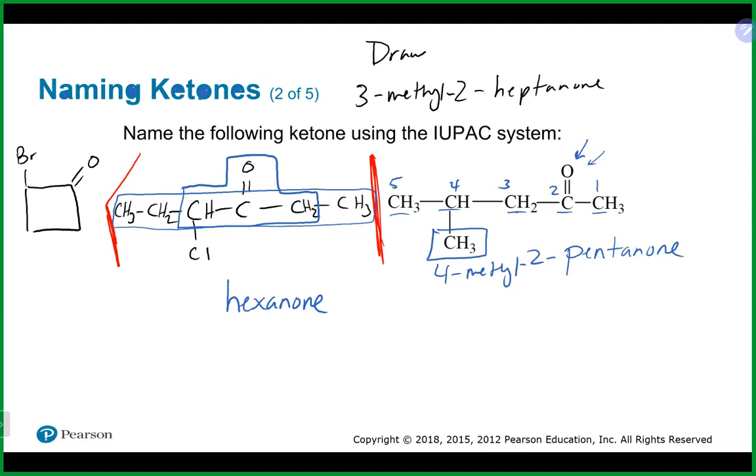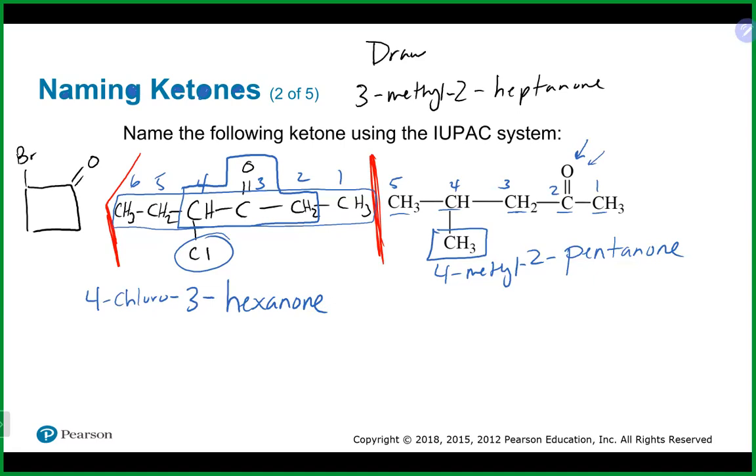And in that case, we do actually need to go right to left, I believe, as it will make a difference. If we went the other way, our carbon-oxygen bond would end up at carbon number 4, which would be obviously larger. So again, we want to give the functional group the priority. So that means this would become 3-hexanone. And because that is 3-hexanone, that means at carbon number 4 is where my chlorine is. So that is 4-chloro-3-hexanone. Any questions on that one there?